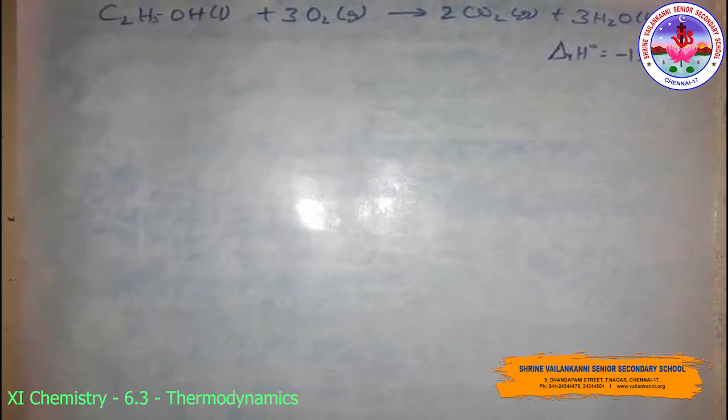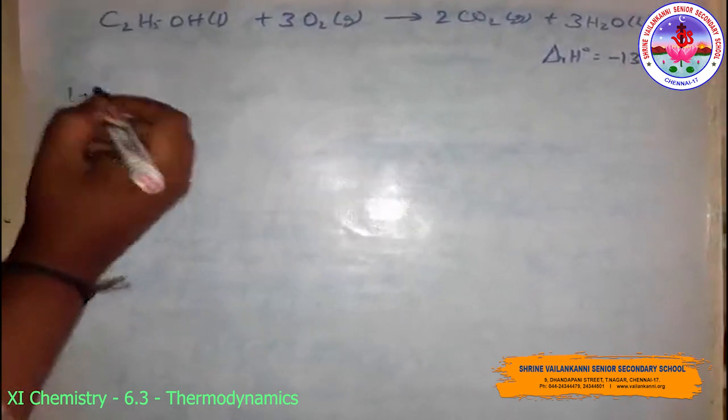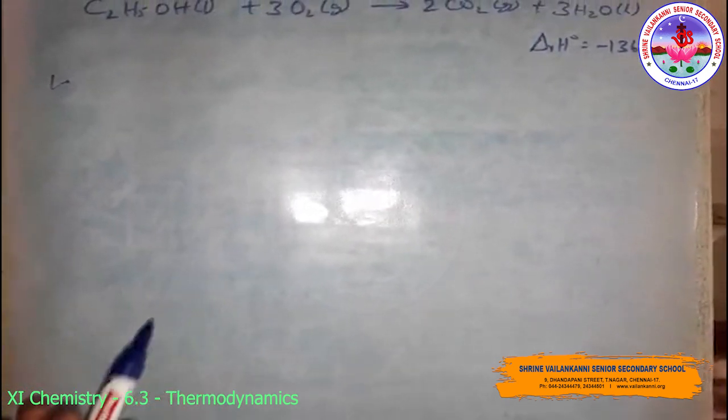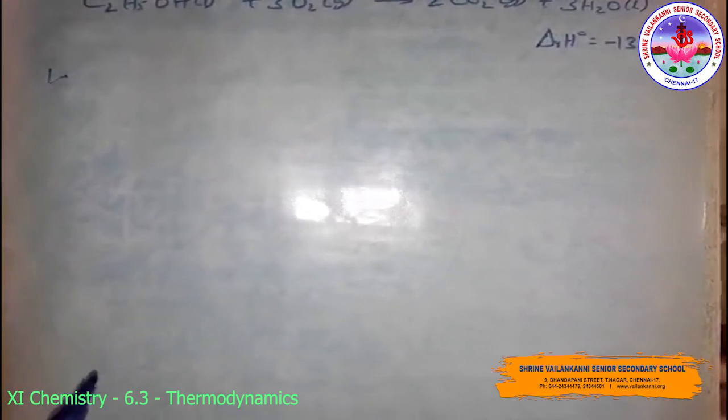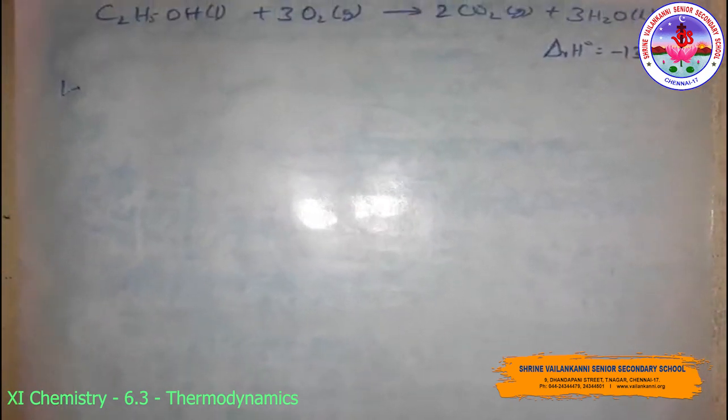It is necessary to remember the conventions regarding the thermochemical equation. The first one is that the coefficients of the balanced thermochemical equation refer to the number of moles of the reactants and products involved in the reaction.